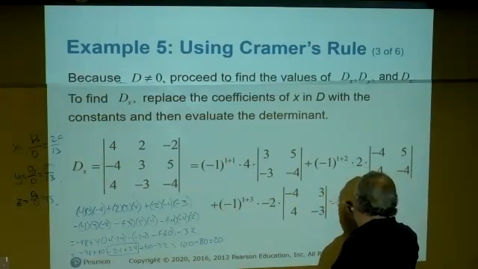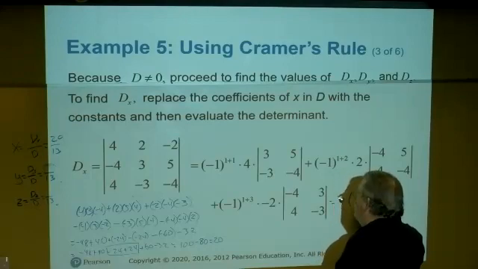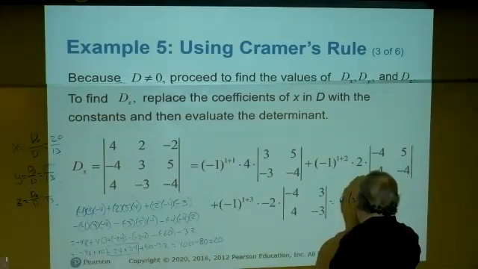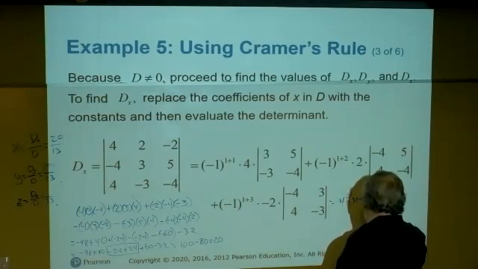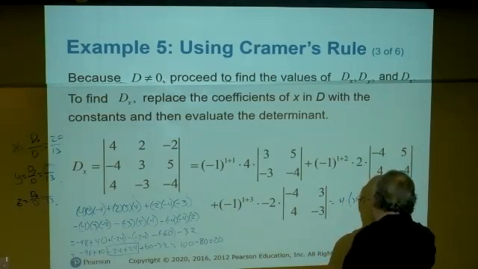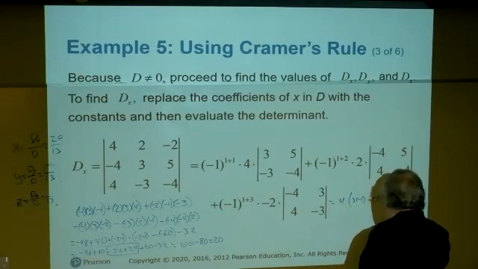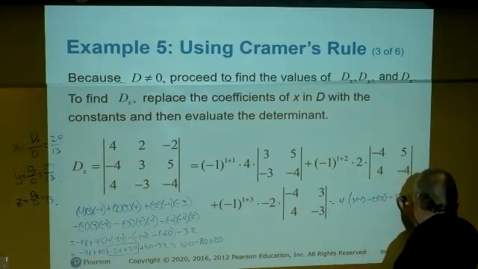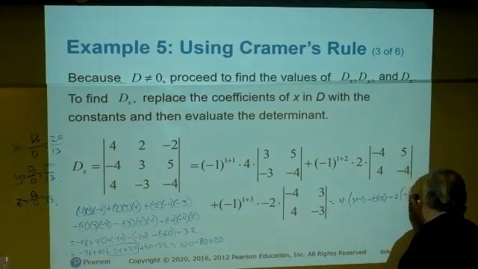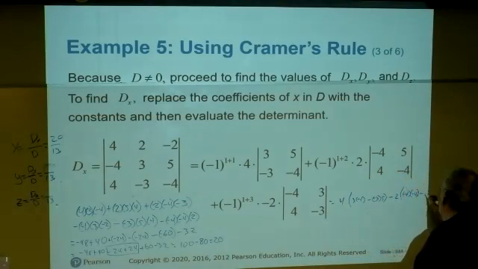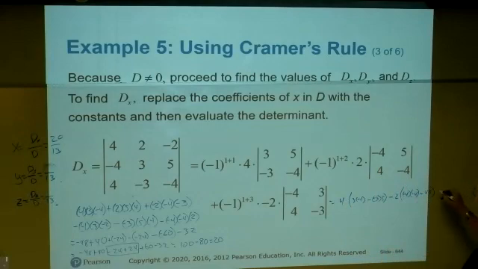So I would do it this way. 4 times 3 times a negative 4 minus a negative 3 times 5 minus 2 times a negative 4 times a negative 4 minus 4 times 5. And then we have plus a negative 2 times, am I going off screen?